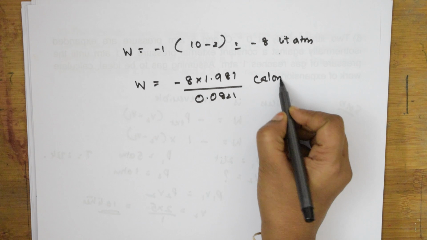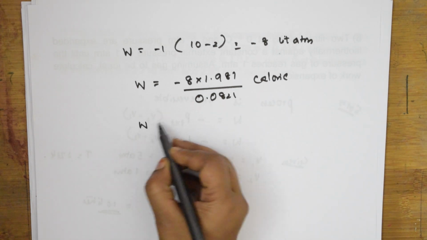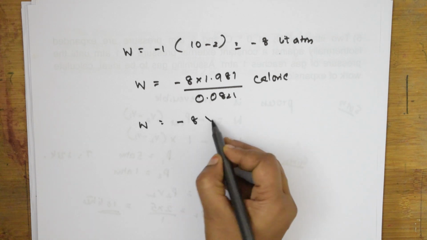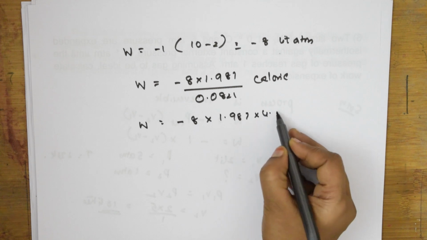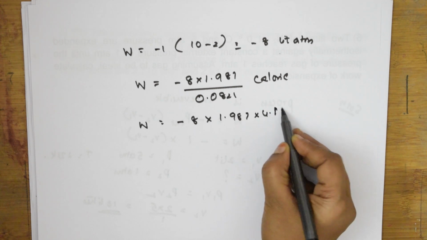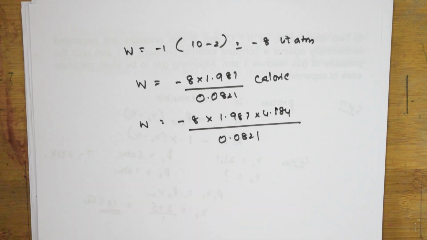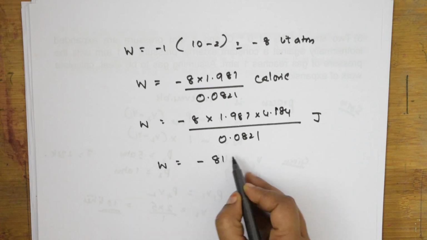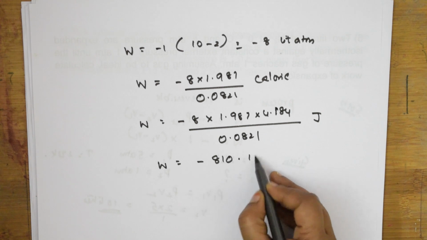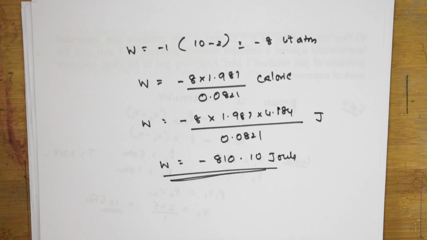Suppose you want the answer in joules, then minus 8 into 1.987 into 4.184 divided by 0.0821. You will get the answer in joules. So how much is this? On solving, you get an answer of minus 1810.10 joules. This is your answer.